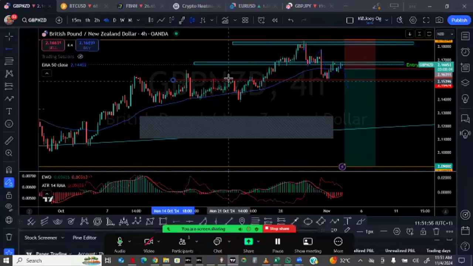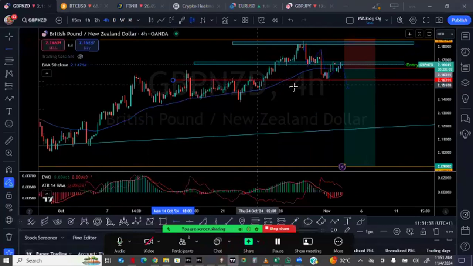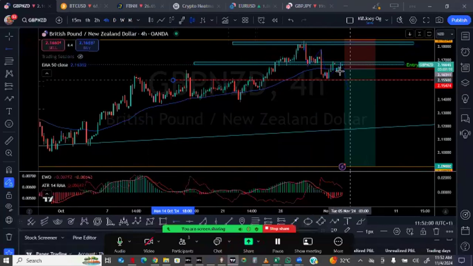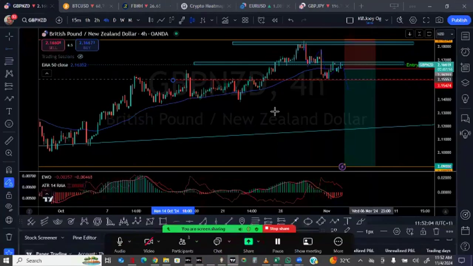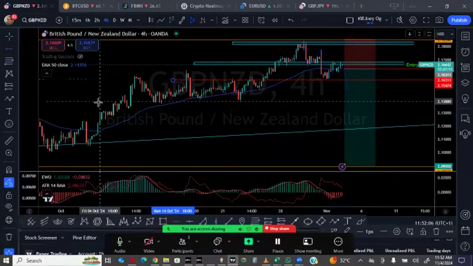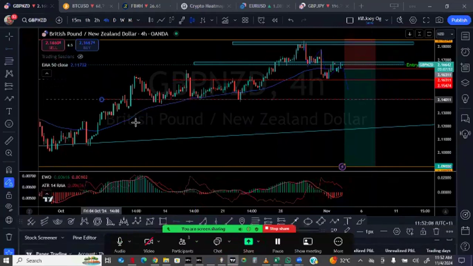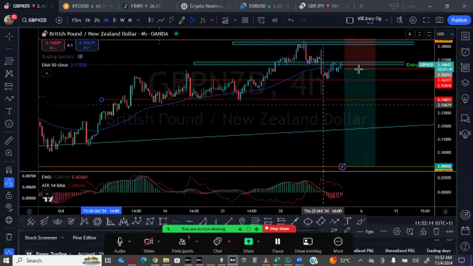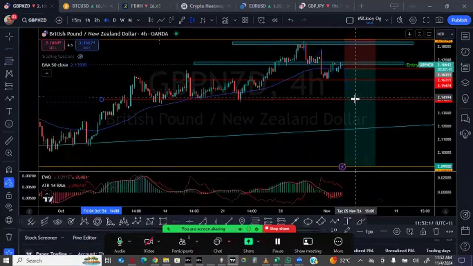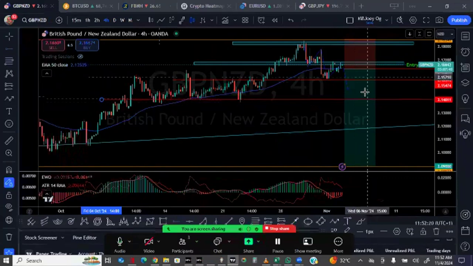You have one here, you have one here, you have one here. So there is a likely chance that if I want to just be safe, I will target this first point. Another area that I could target would be this point. Price came here, turned back, came here, turned back, came here, turned back. So there is also a chance that price could come back here and then turn back again.